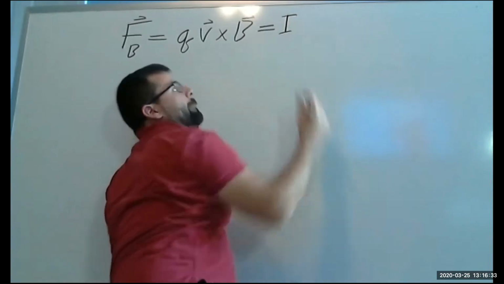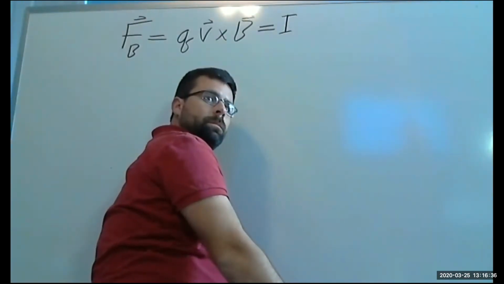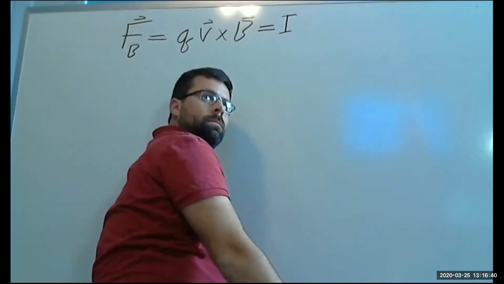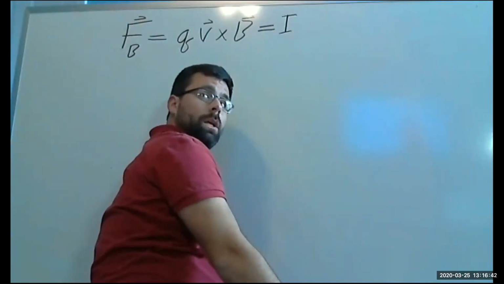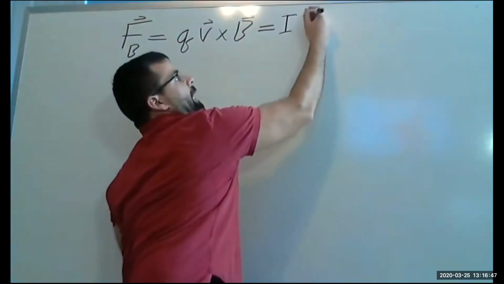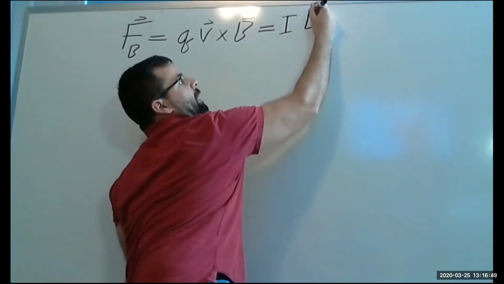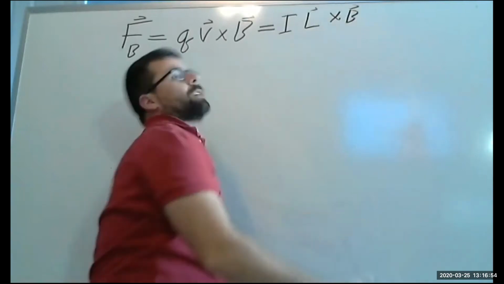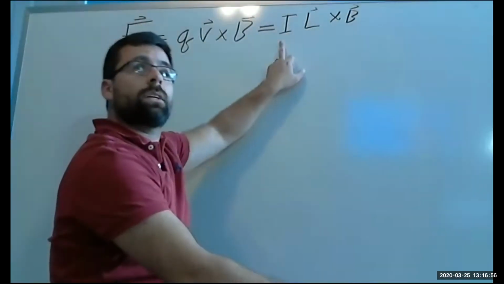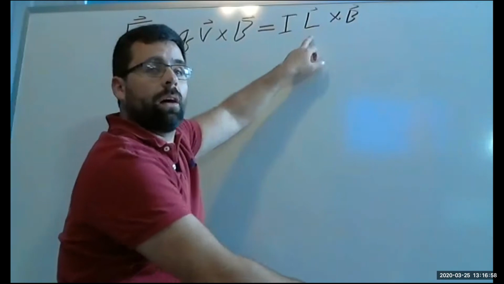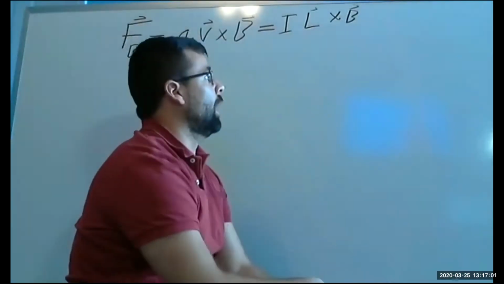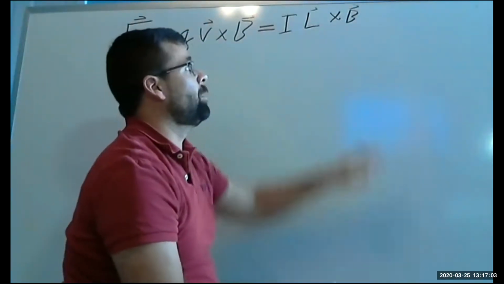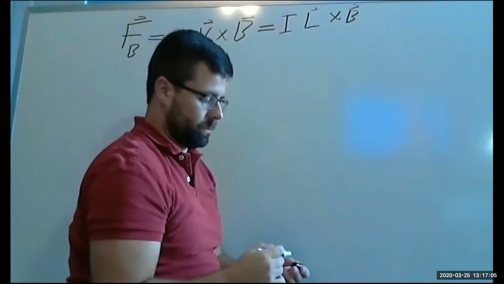So that'd be I times L cross B. I is the current, L is the length of the wire that current is in, and B is the magnetic field.